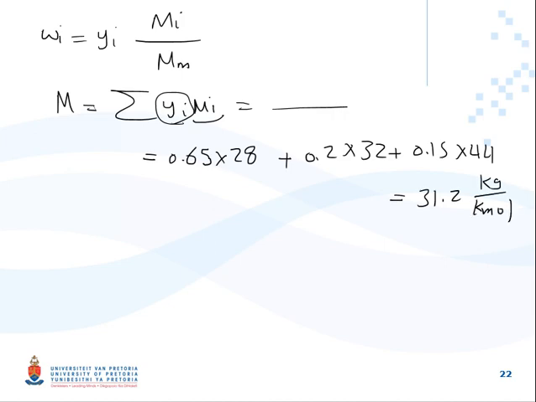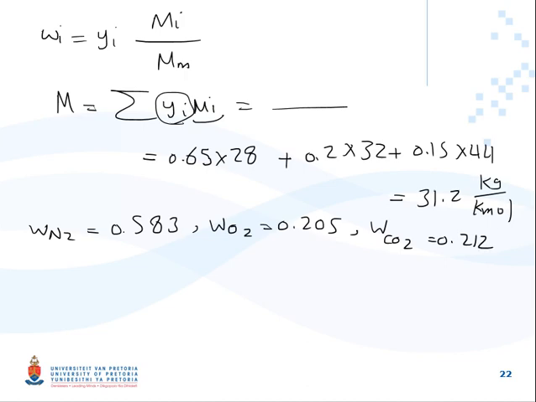Okay, I'm not going to write all those calculations, just the final answer: the mass fraction of nitrogen is 0.583, the mass fraction of oxygen is 0.205, and the mass fraction of carbon dioxide is 0.212.